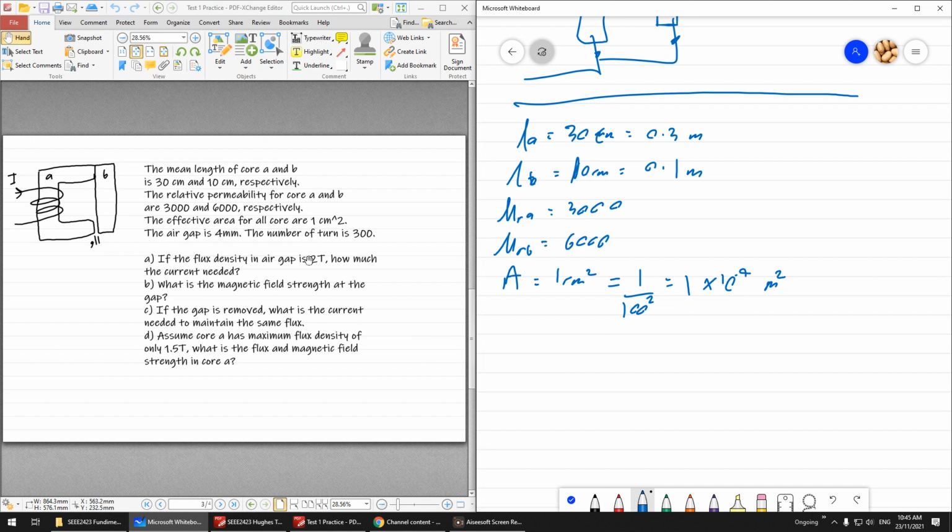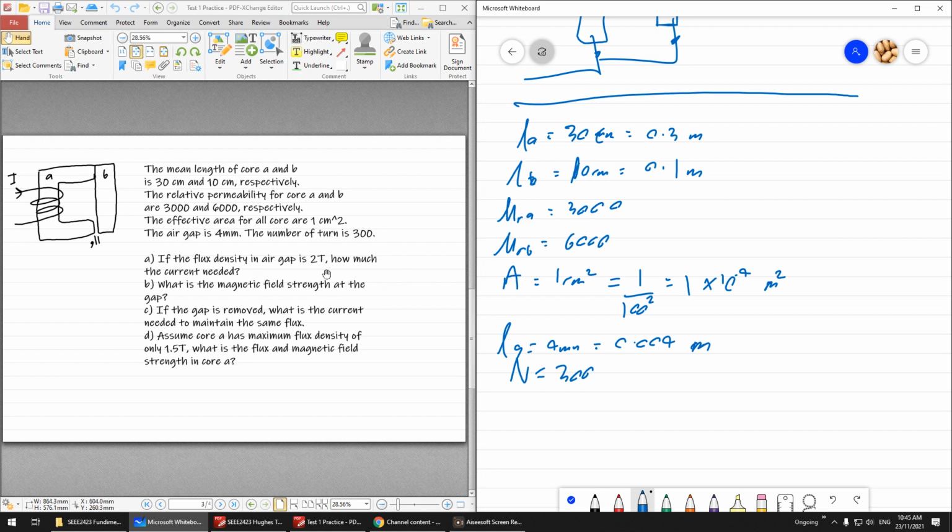So the air gap L gap is equal to 4 mm, equal to 0.004 m. So N is equal to 300. Make sure you know how to extract the data.